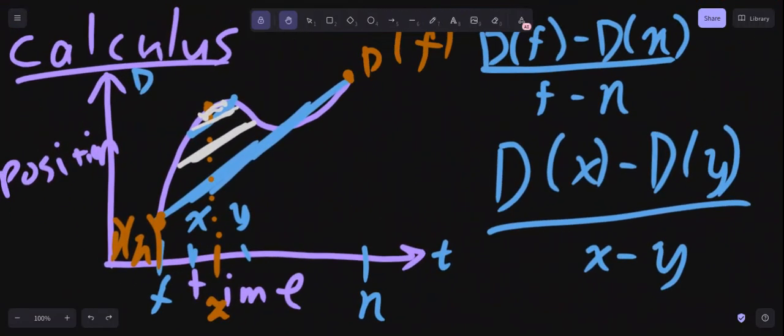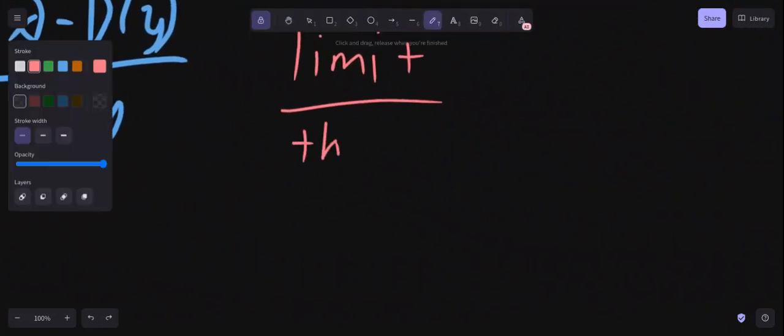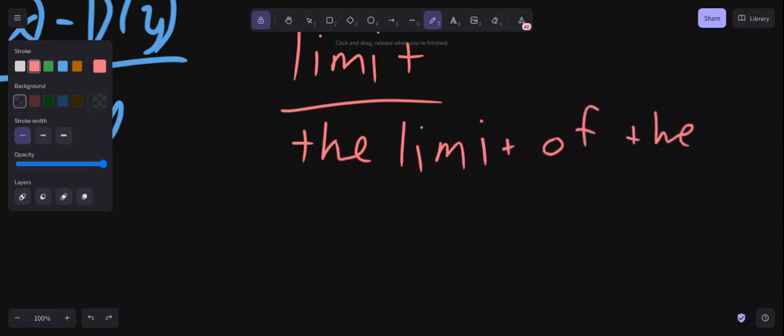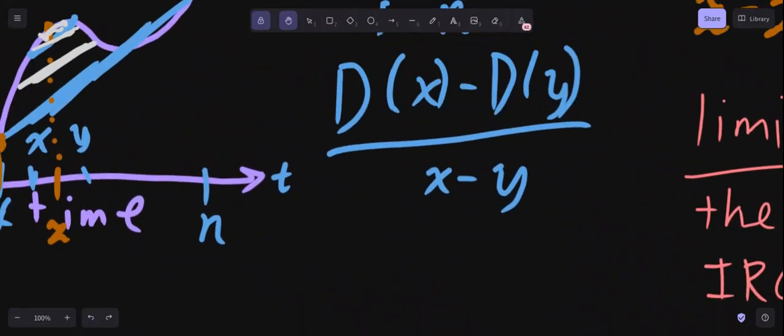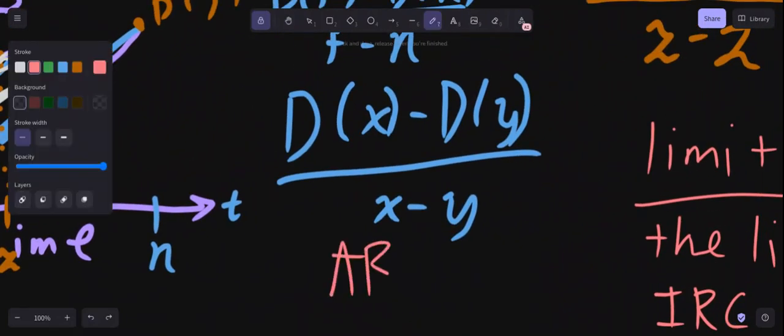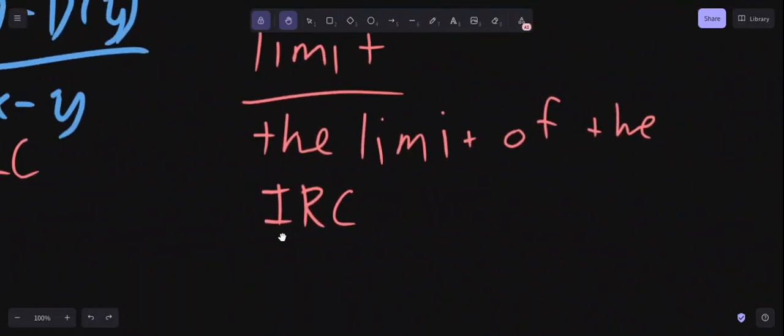And the way you would write this out is that the limit of the, I'm going to use I here, I for instantaneous rate of change, because we dealt with average rate of change, ARC. So the rate of change at an instant, I'm just going to call IRC, instantaneous rate of change.